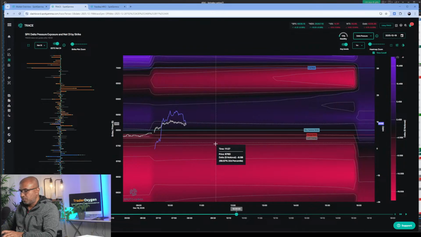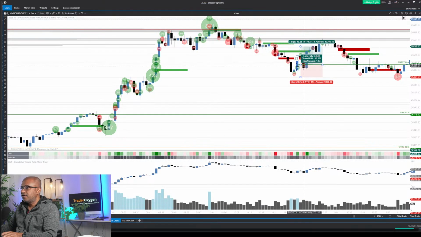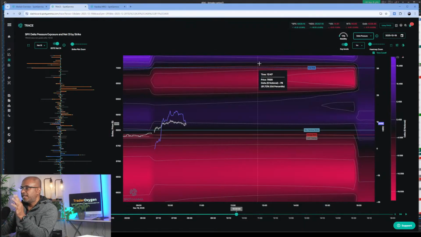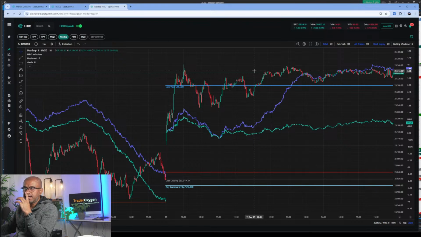But again, I'm telling you why. The question is why we did not take this trade. At that time, this is the trace chart, but if you look at the hero indicator at the same time, at 10:30, where I'm going to move my mouse, you can see the hero chart, the purple line, is coming down at 10:30.